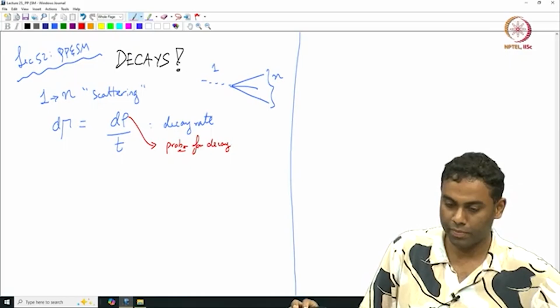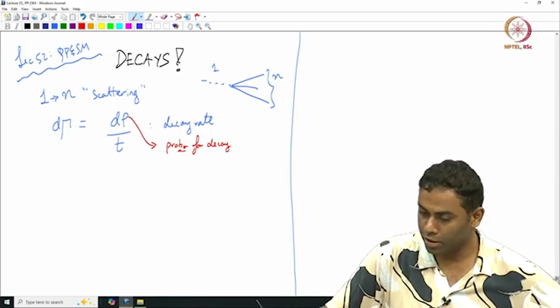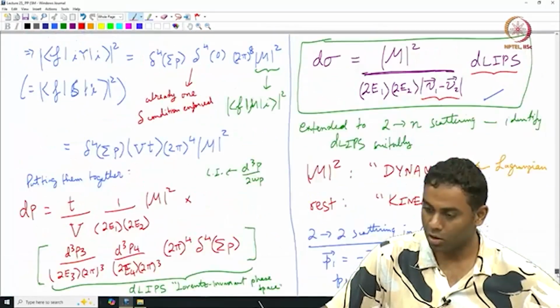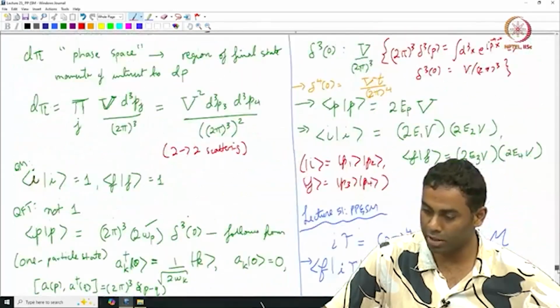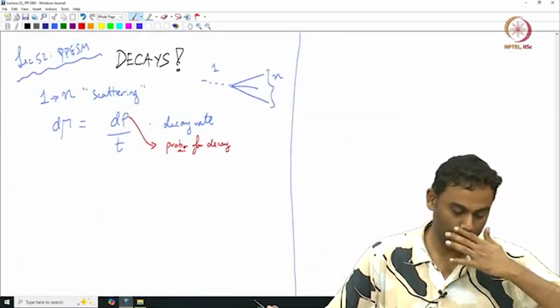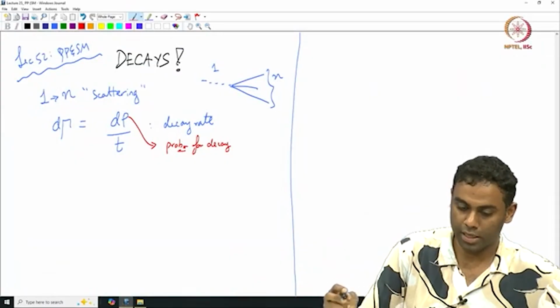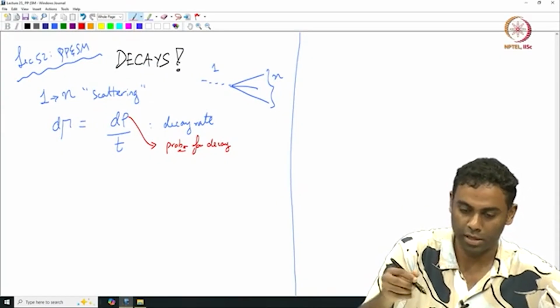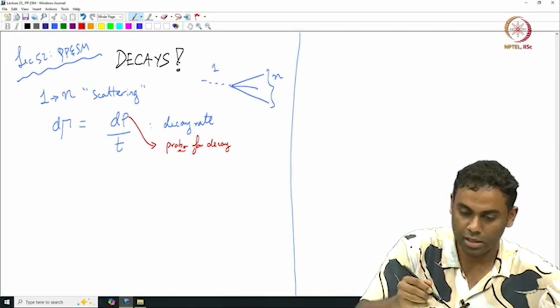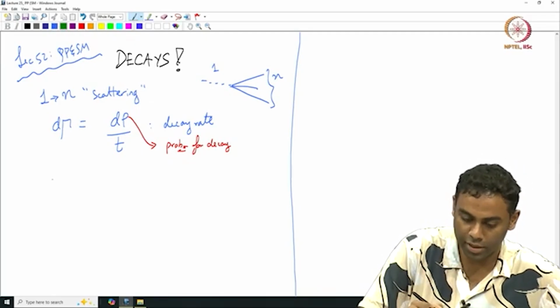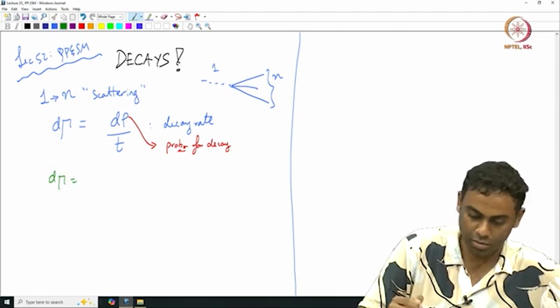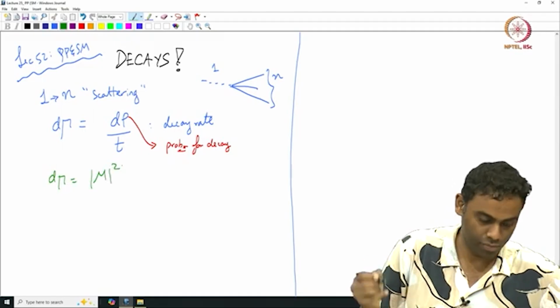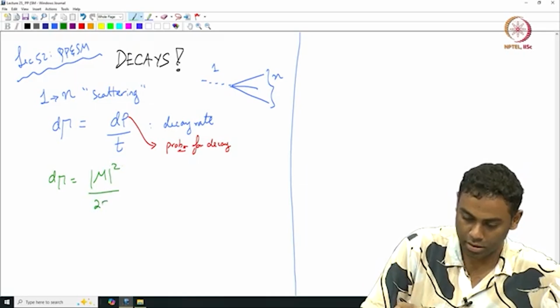Once again we can go through all the song and dance of how to obtain that differential probability, but now we are just going to restrict ourselves to the case of one particle in the initial state, so that I can right away write down the master equation for decay, which is this.